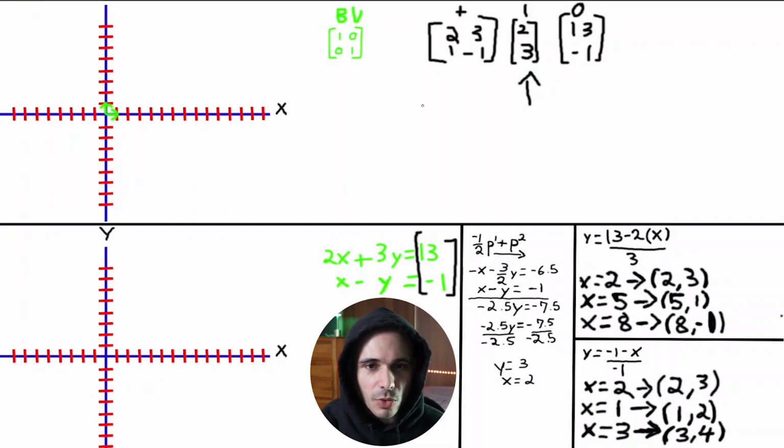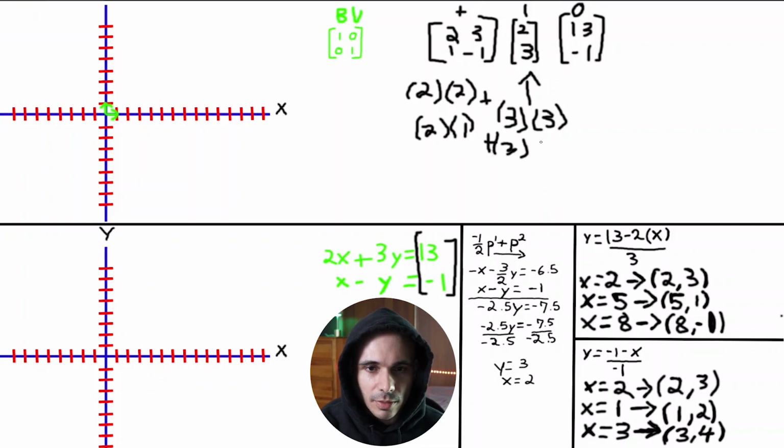When you do the actual math of it, if we want to go through that quickly: 2 times 2, plus 3 times 3, and then for the bottom term, 2 times 1, plus 3 times negative 1.